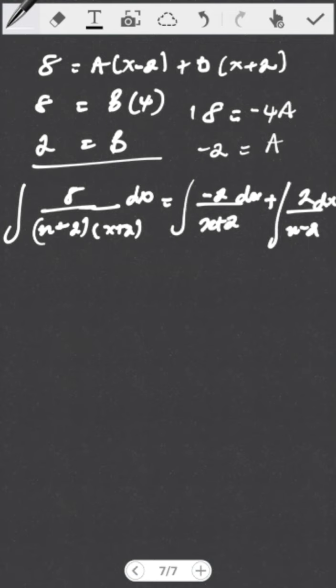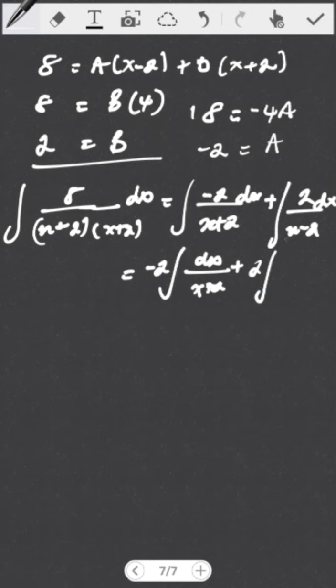So this would be equal to negative 2 integral of 1 over x plus 2, plus 2 integral of 1 over x minus 2.